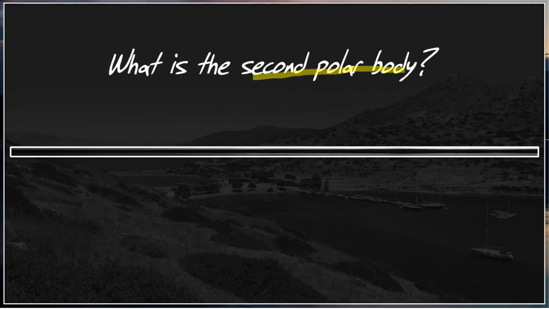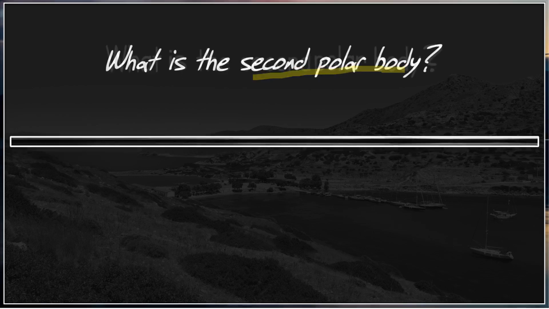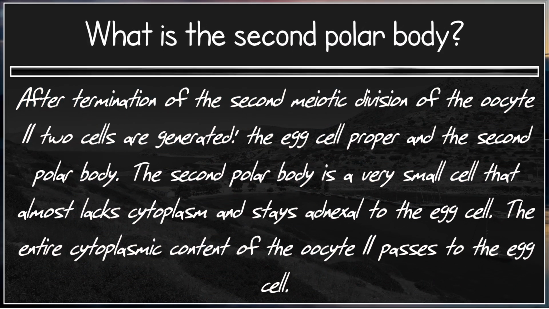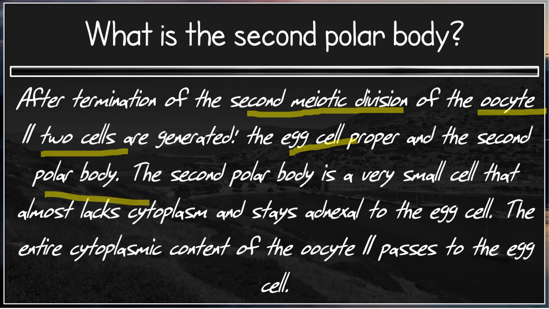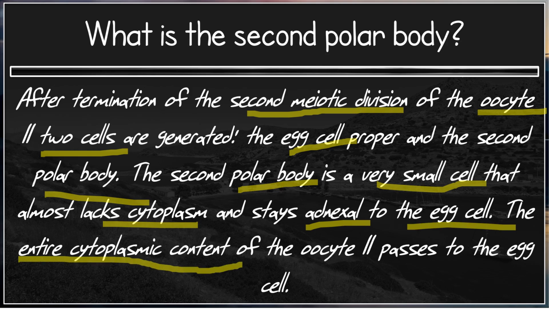What is the second polar body? After termination of the second meiotic division, two cells are generated, the egg cell proper and the second polar body. The second polar body is a very small cell that almost lacks cytoplasm and stays adnexal to the egg cell. The entire cytoplasmic content of oocyte 2 passes to the egg cell.